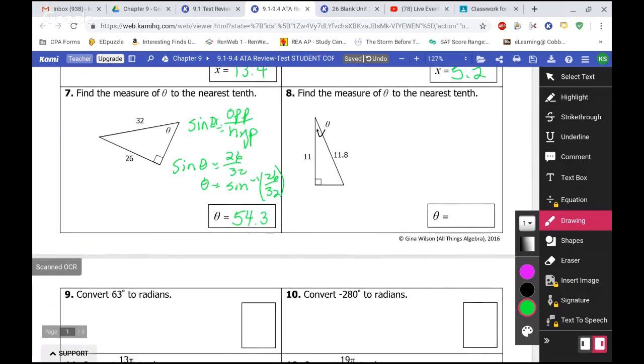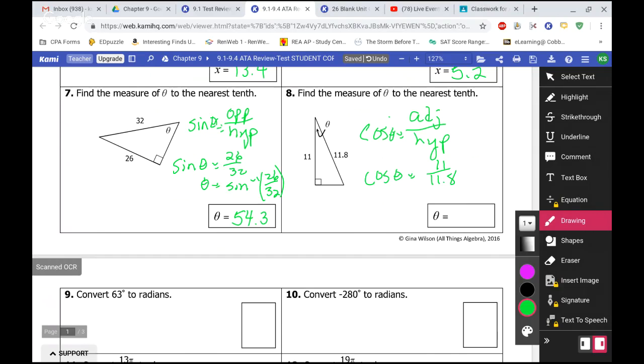For number 8, find the measure of theta to the nearest tenth. So what we have is the adjacent side and the hypotenuse. So adjacent and hypotenuse, that's cosine. So cosine theta equals 11 over 11.8.